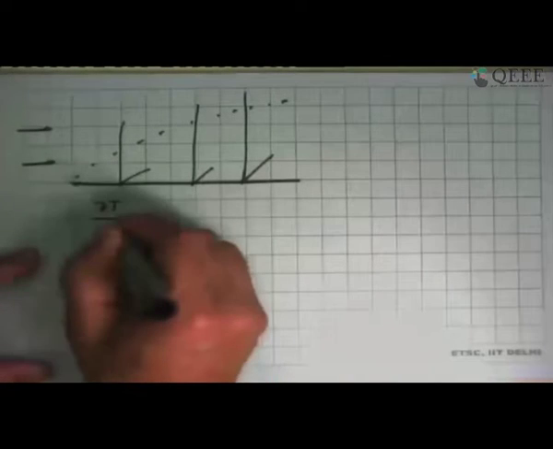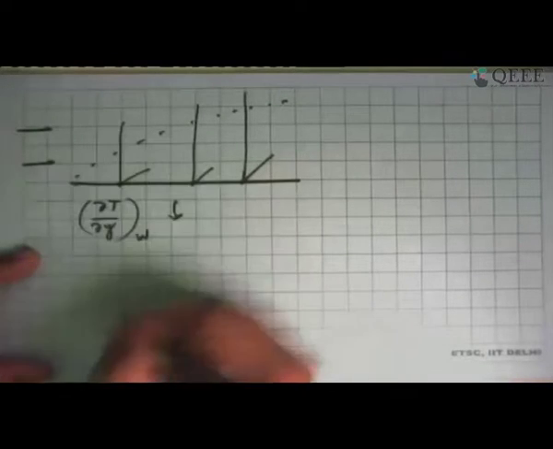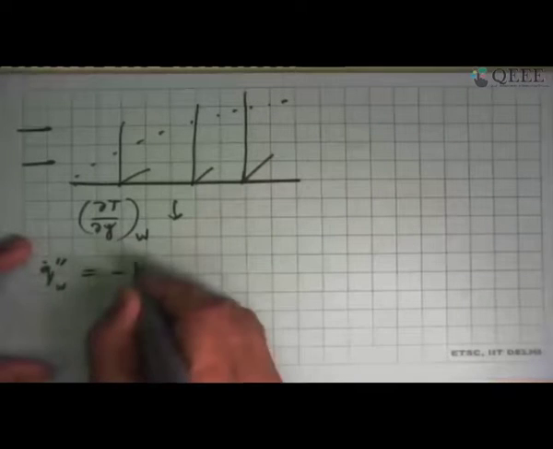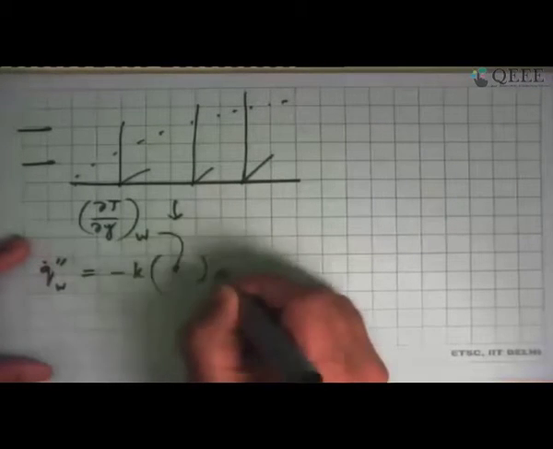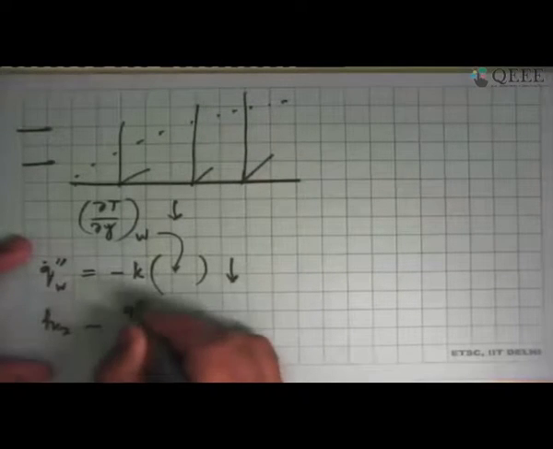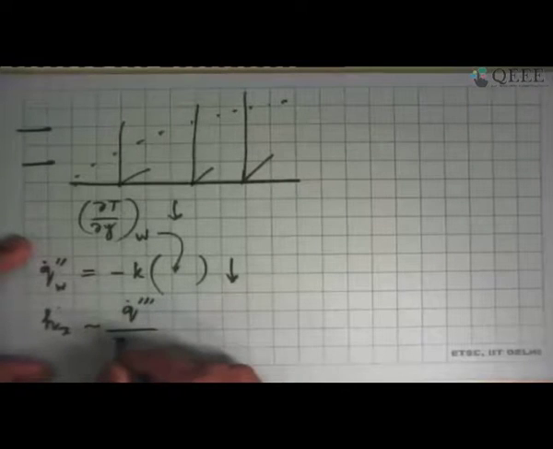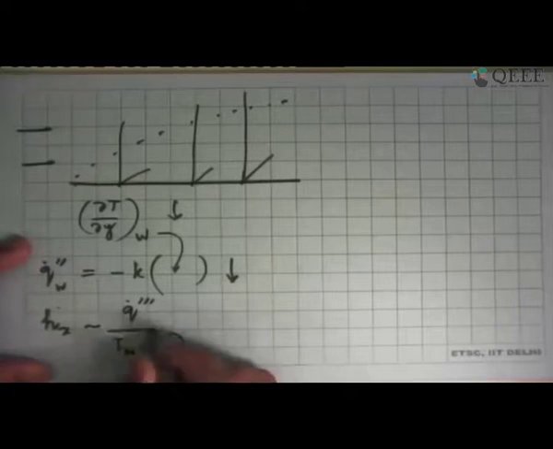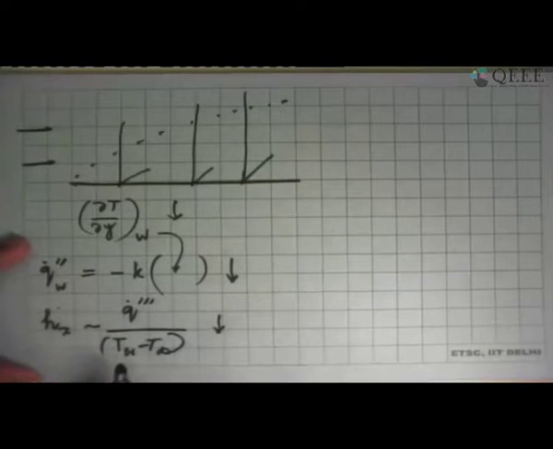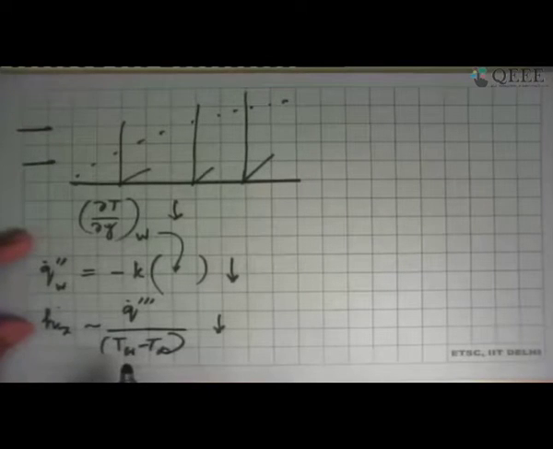So dT/dy at the wall keeps getting less, and q dot double prime at the wall is minus k times this term. So this will keep decreasing, and we define local h as q dot double prime upon the temperature difference, Tw minus T infinity. Tw and T infinity are constant, so hx will keep decreasing. So that is one line of argument.